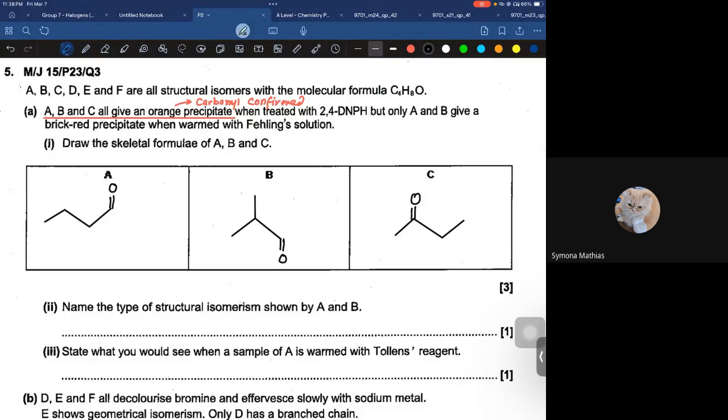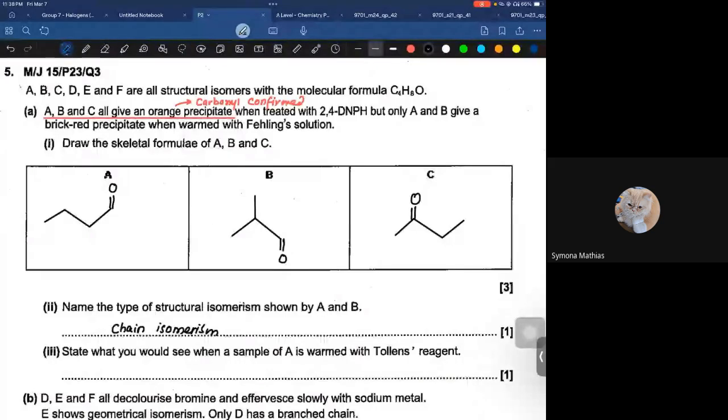We cannot change it. We can only change the ketone. We can change the position of alcohol, but we can't change this. Remember, it's a concept. Yes, it's a nice question. So this is chain. Exactly. This is chain isomerism.